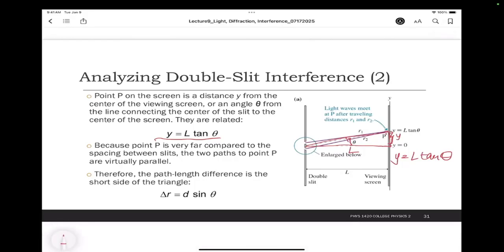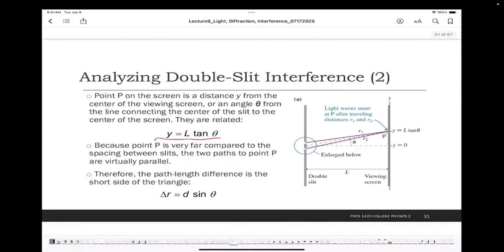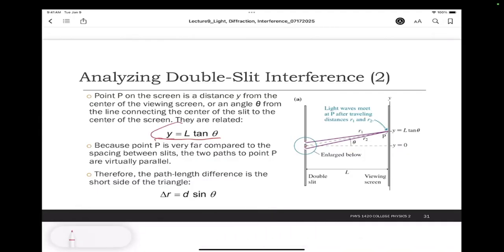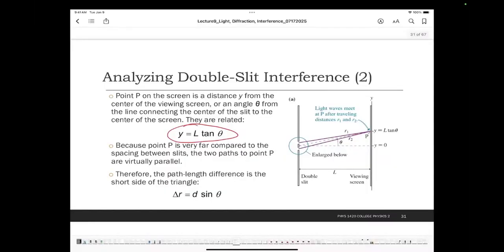We already know how this equation is obtained: you define theta, L and y, and then it is obvious that y equals L tangent theta.